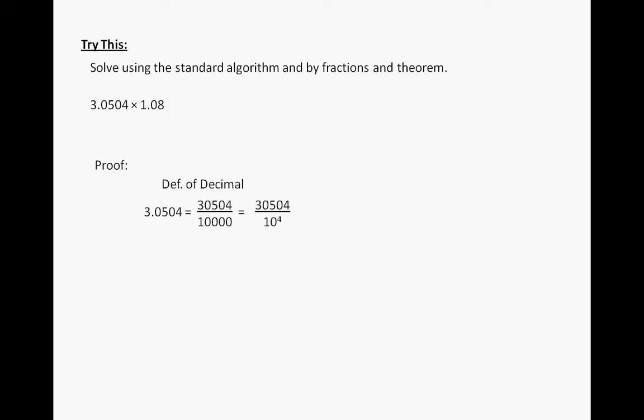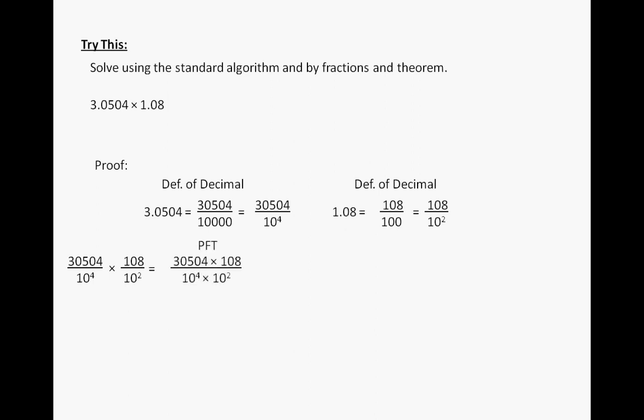By converting the decimal back to a fraction using the definition of decimal, we have 30,504 over 10,000, and 1.08 becomes 108 hundredths.